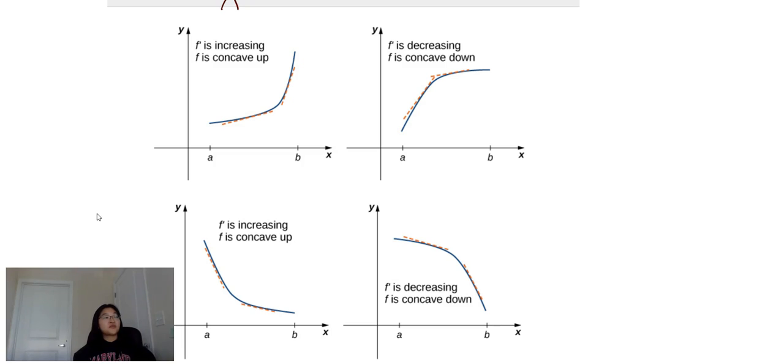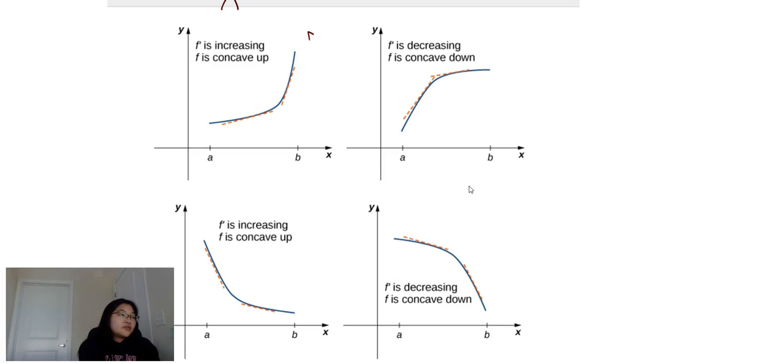When we have f prime is increasing, then f is concave up. So we have an increasing function, and our derivative is increasing, right? Because the slope here is not as steep as our slope there. Then our function is concave up. We have f prime is decreasing, so that means our function is concave down.